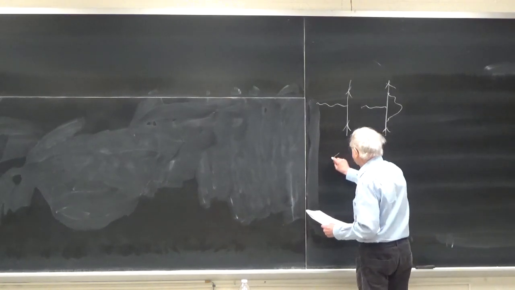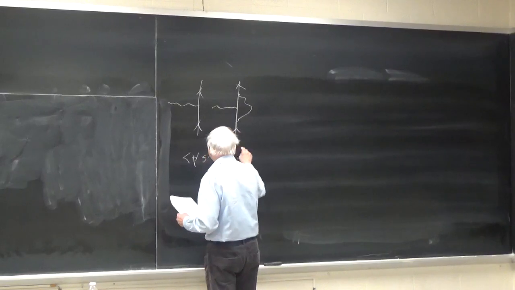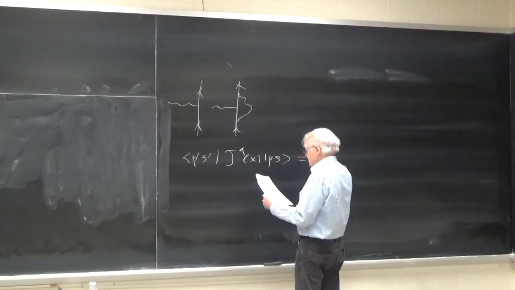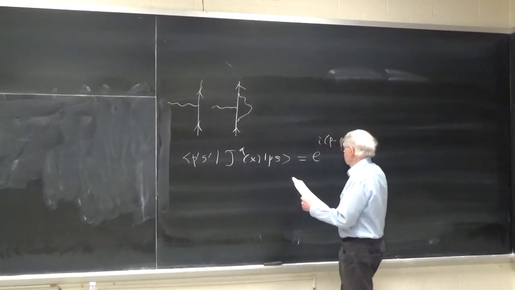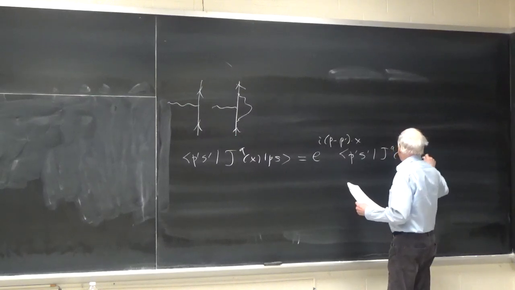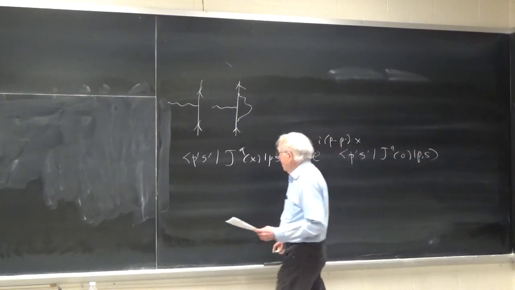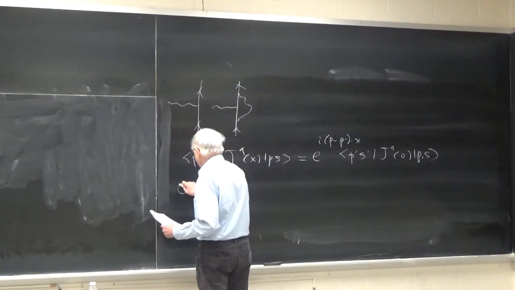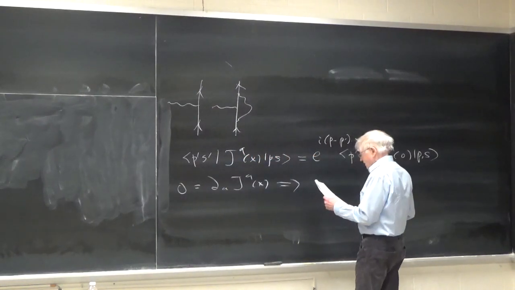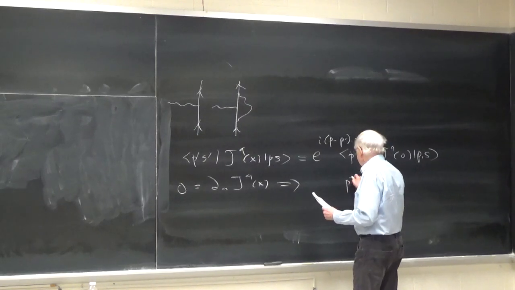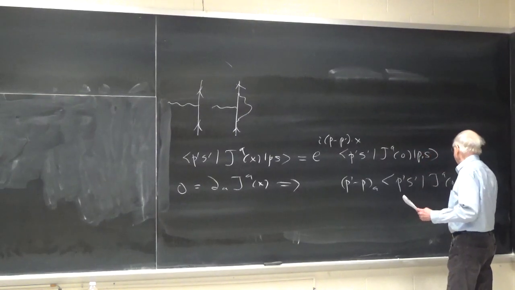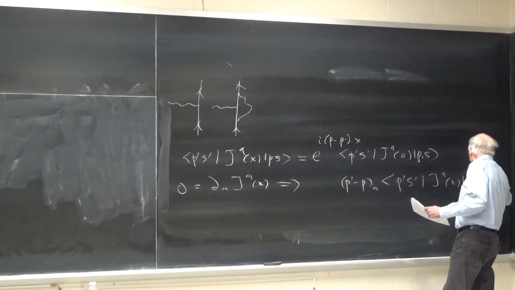One thing that I didn't skip was that the matrix element of the current J^μ(x) between states P'S' and PS is e^{i(P-P')·x} times the matrix element of the same current at the space-time point 0, and in particular current conservation implies that (P'-P)_μ ⟨P'S'|J^μ(0)|PS⟩ should be 0.